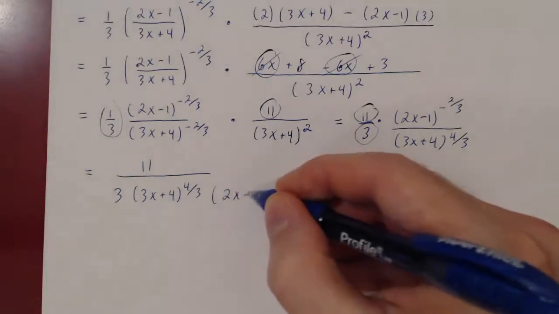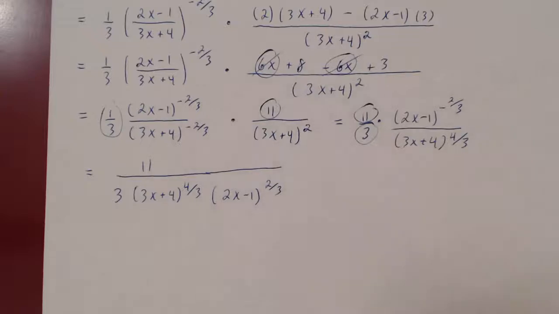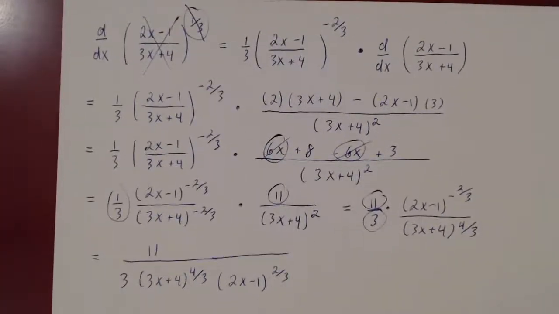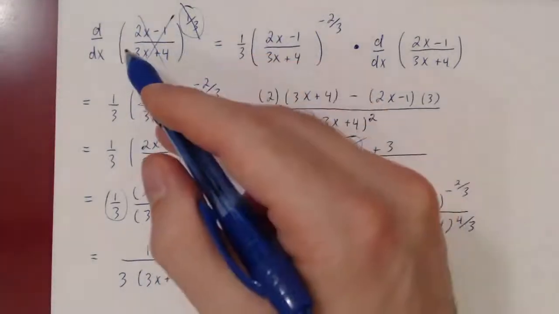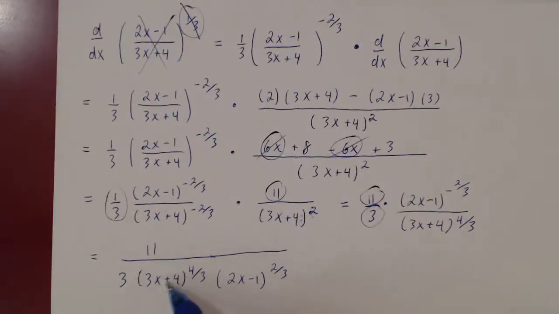So 2x minus 1 to the positive 2 over 3. And that's our derivative. So the derivative of the cube root of 2x minus 1 over 3x plus 4 is 11 over 3, 3x plus 4 to the 4/3, 2x minus 1 to the 2/3. And there you have it.